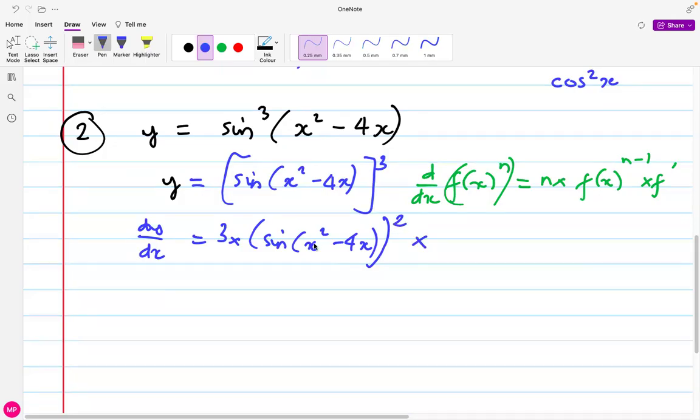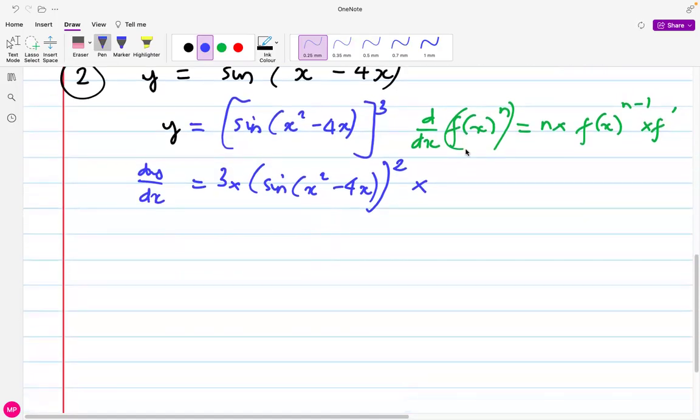And then you need to times by the derivative of f of x, which is the derivative of sin of x squared minus 4x. I just write it here first: the derivative of sin of x squared minus 4x, dash.